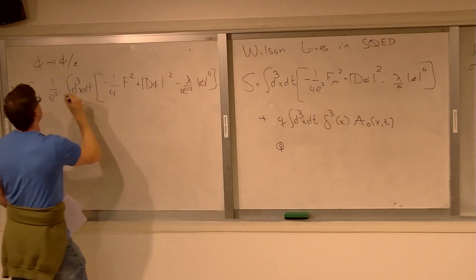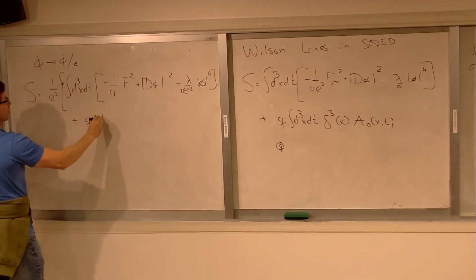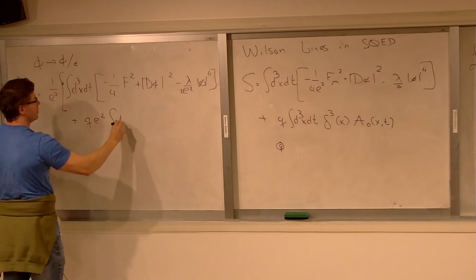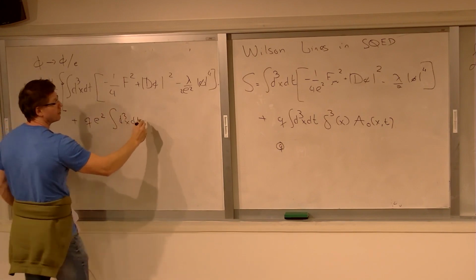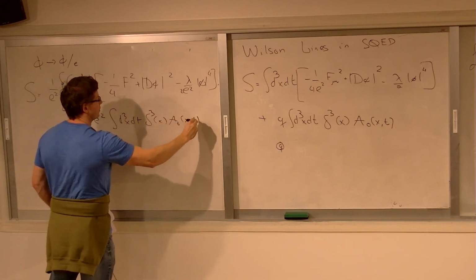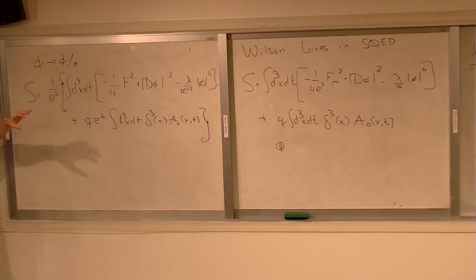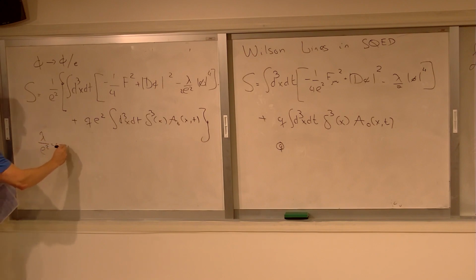And then I have this q e squared times the integral d3x dt delta 3x A0(x,t). So it is useful to take a scaling limit where lambda over e squared is constant, is fixed.